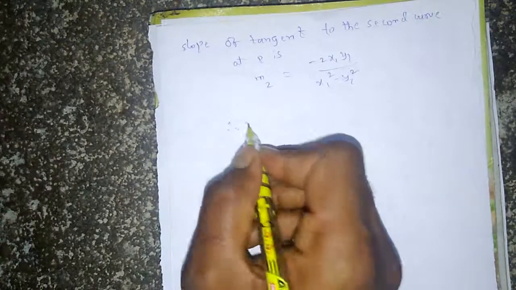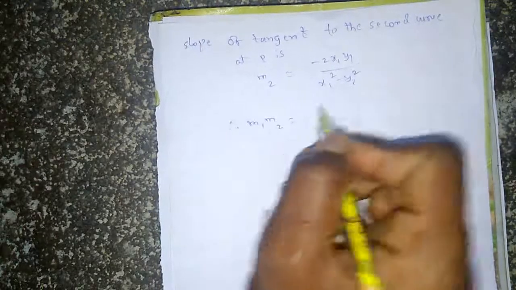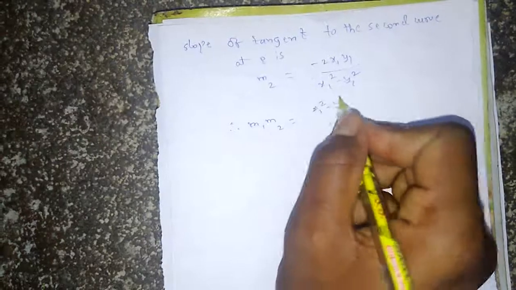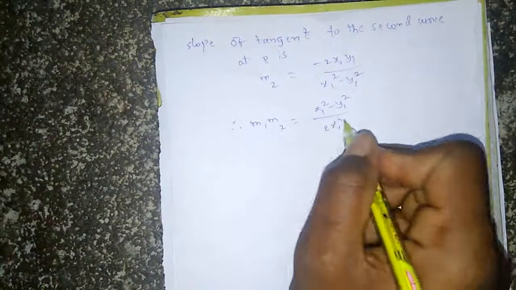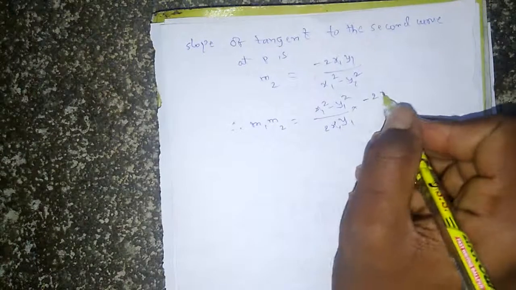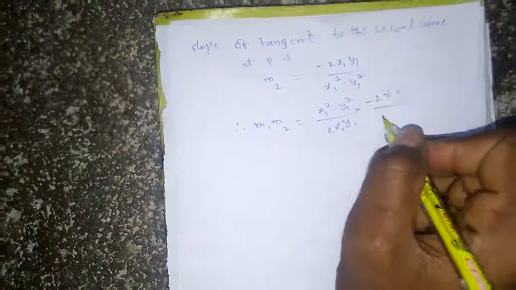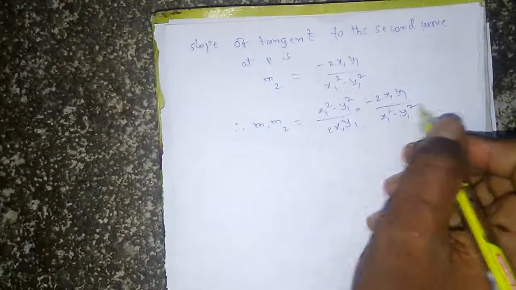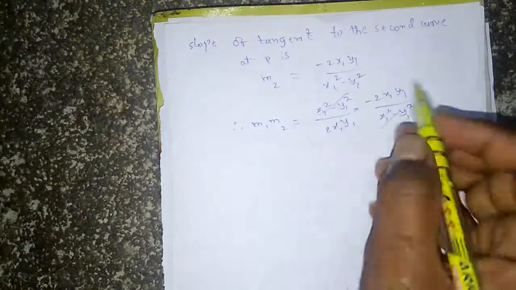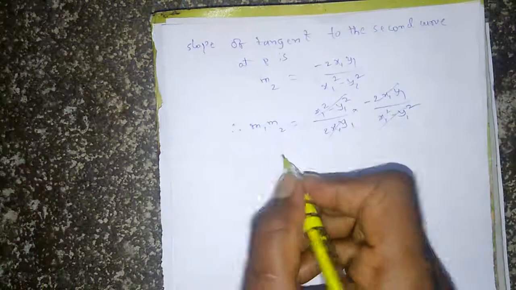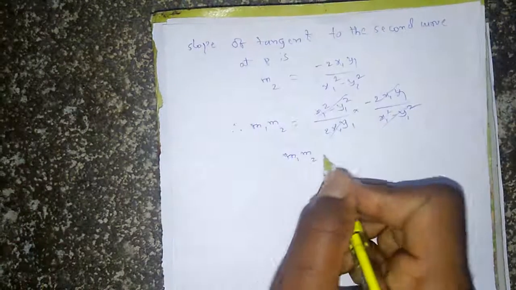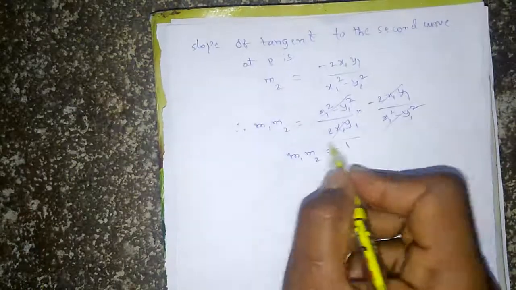Now do the product m1 into m2, that is x1 square minus y1 square by 2x1 y1 into minus 2x1 y1 by x1 square minus y1 square. Here x1 square minus y1 square gets cancelled, 2x1 y1 gets cancelled. Therefore m1 m2 is equal to minus 1.